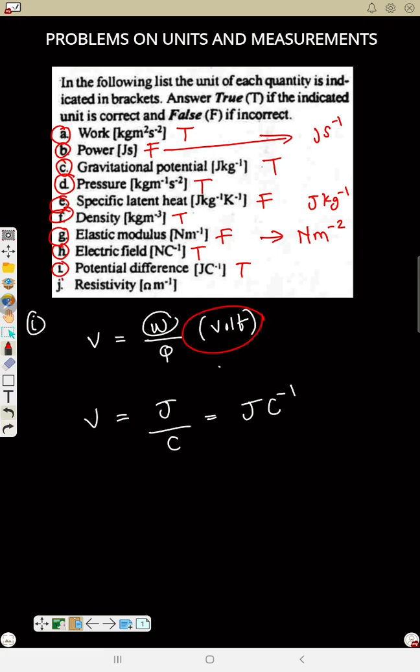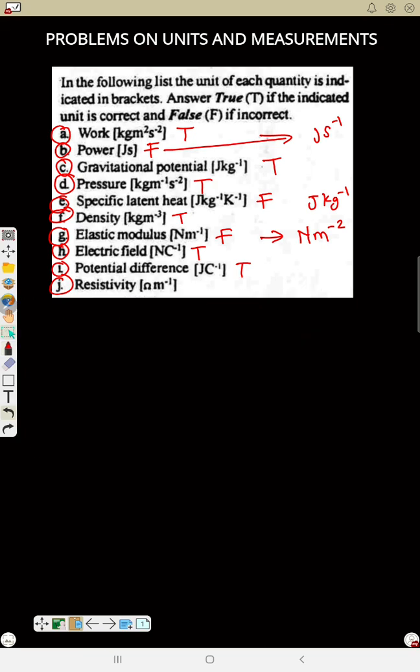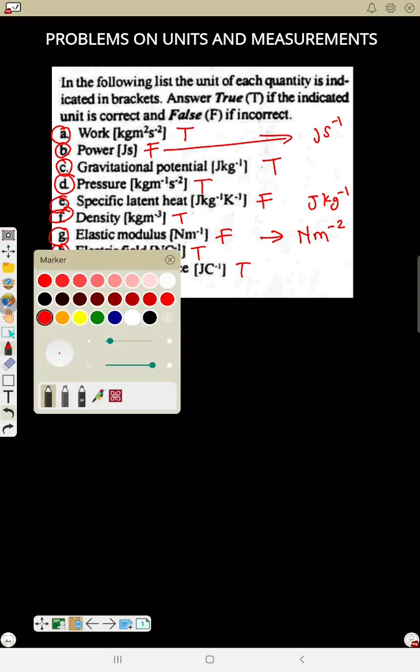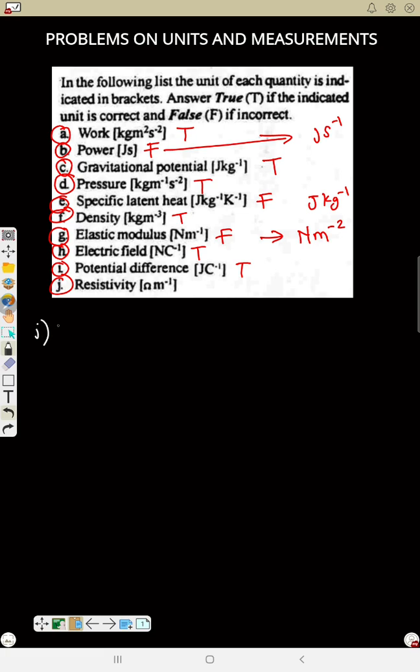Now the last one, J, resistivity. We represent resistivity as the symbol rho, which is equals to RA over L, where R is resistance, A is area, and L is length.